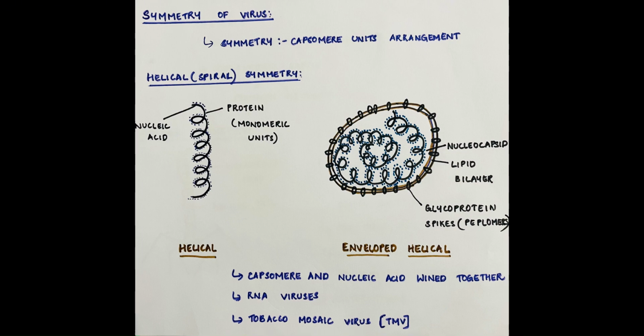The capsomeres and nucleic acid are wound together to form a helical or spiral tube-like structure. Most of the helical viruses are enveloped and all are RNA viruses. The typical virus with helical symmetry is tobacco mosaic virus, which is an RNA virus with 2130 identical capsomeres arranged in a helix.